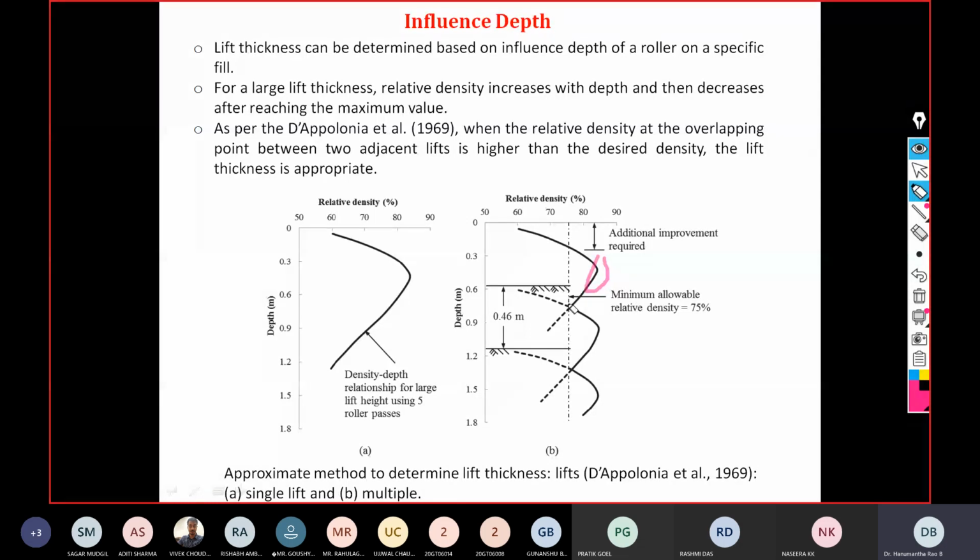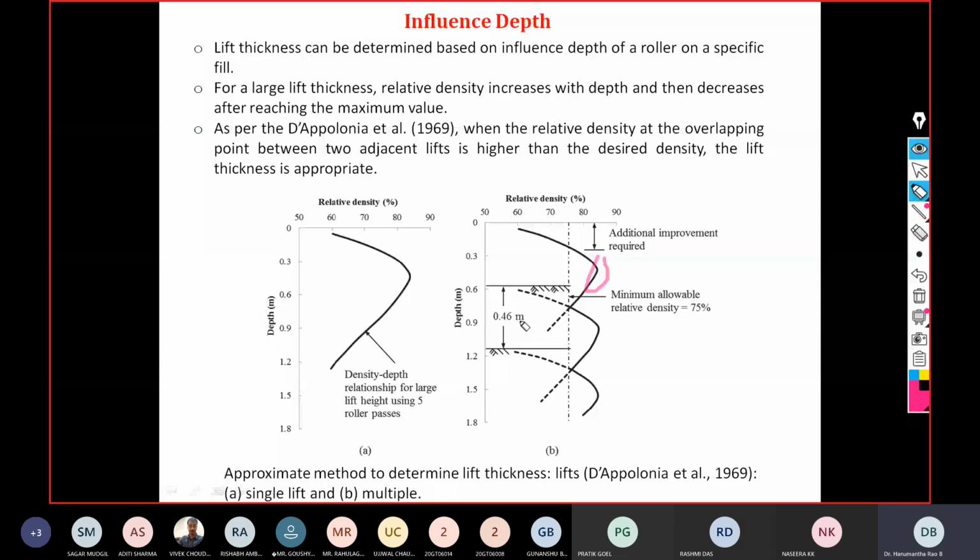But the target relative density is different. As we have seen yesterday, it may be 70 percent or 80 percent. Suppose the minimum density is found to be higher than our target value, then that is quite good.